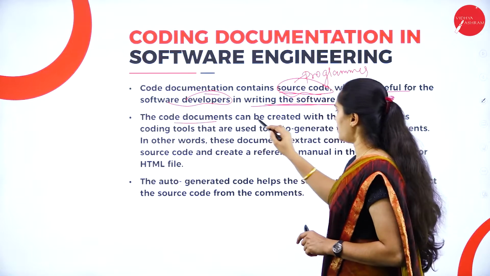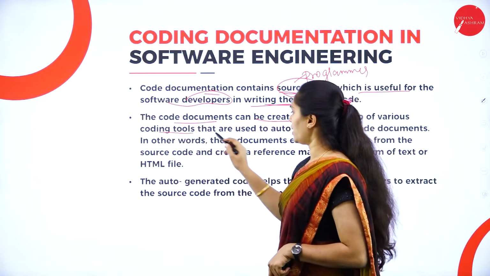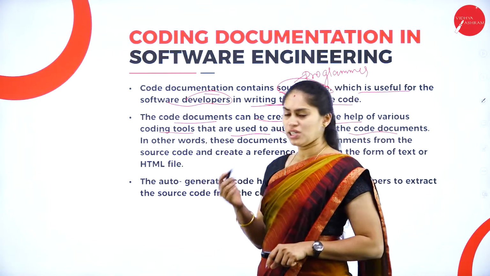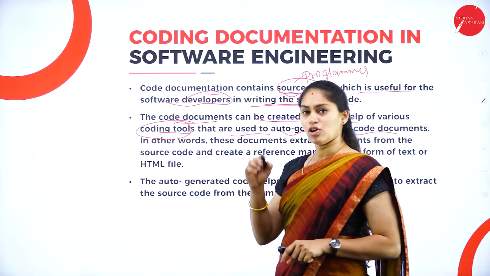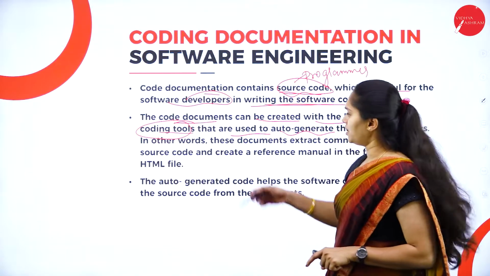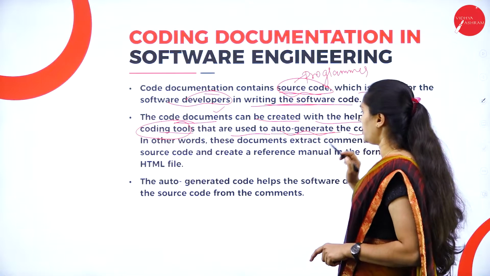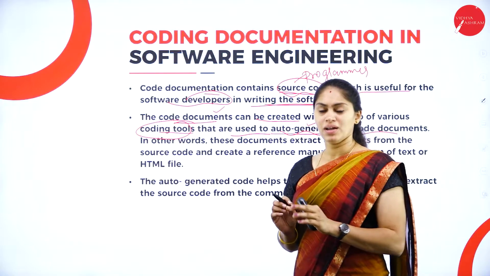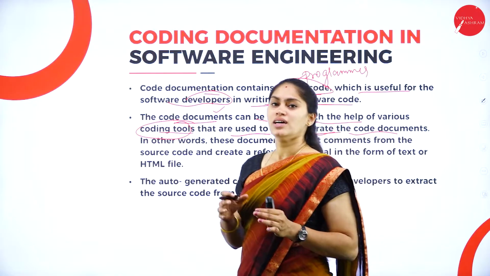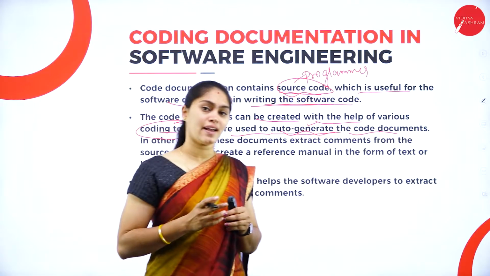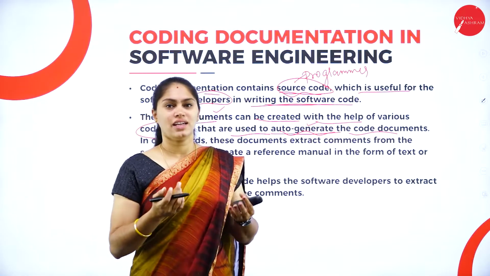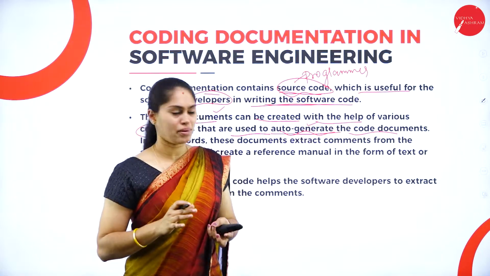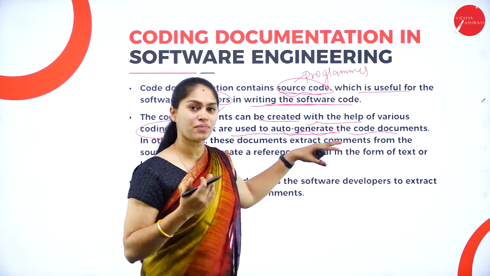And these code documents can be created with the help of various coding tools that are used to generate code documents. Here we are going to use some coding tools in order to improve the writing of code documents. Mainly it will be used to auto-generate the code documents. If you have drag and drop, and you see web pages, there we do the designing, but if you right click on that and see the source code, then you will get to know the logic or how they have written it. The main example for this auto-generated code is drag and drop.